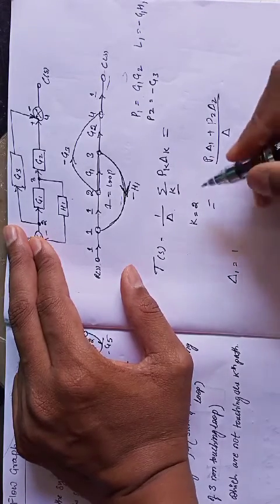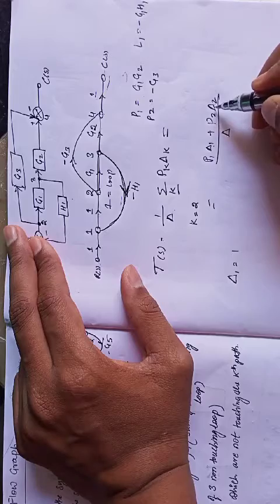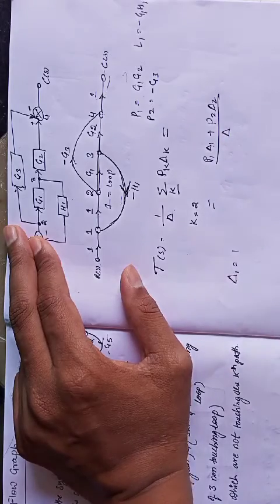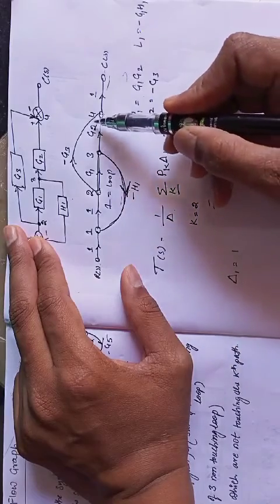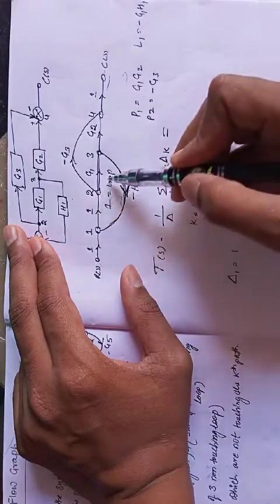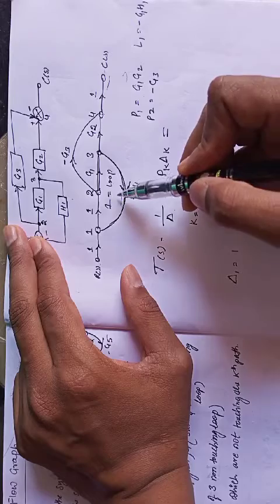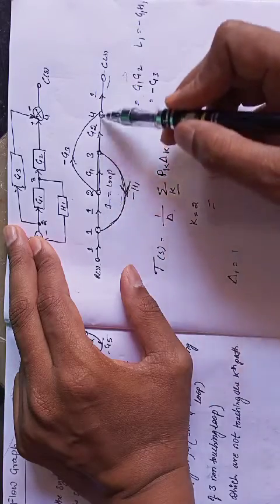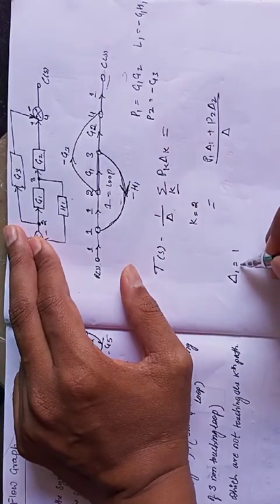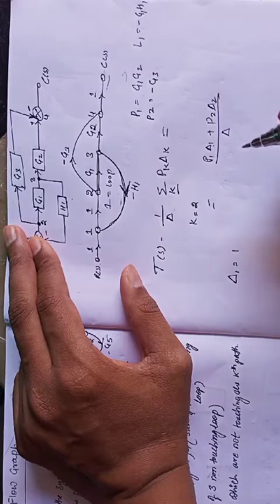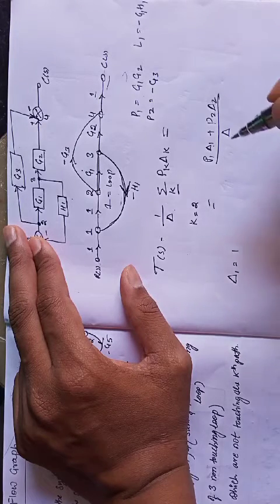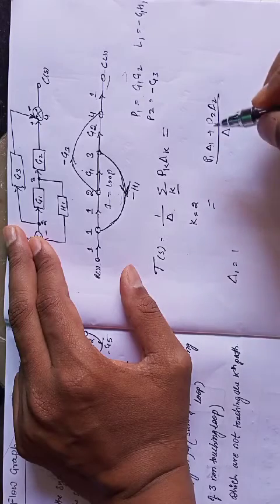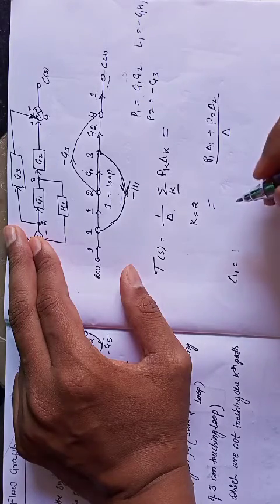Now we are writing delta 1 and delta 2. These involve the loops which are not touching any gain. Here there is only one loop, and it is touching all the forward paths, hence its value is 1. While we are solving 2 non-touching and 3 non-touching loops, that doubt will be clear. Further we will solve such types of problems.